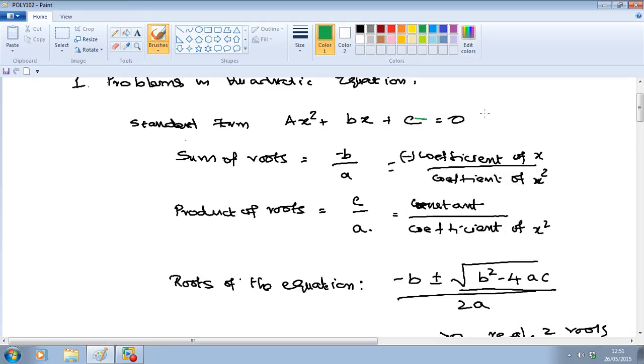So what we have to remember: a, b, c are all constants.